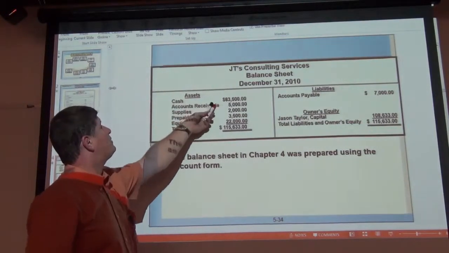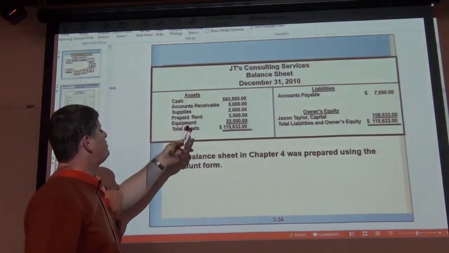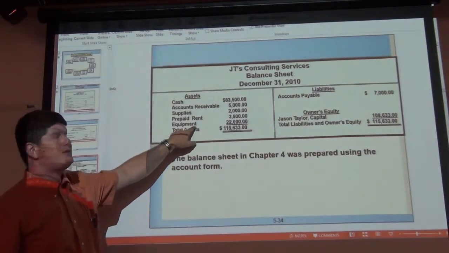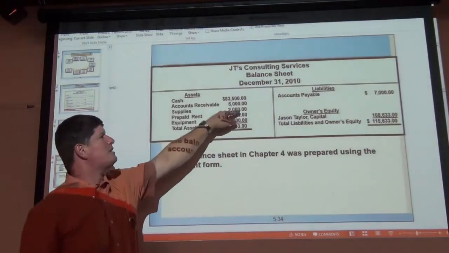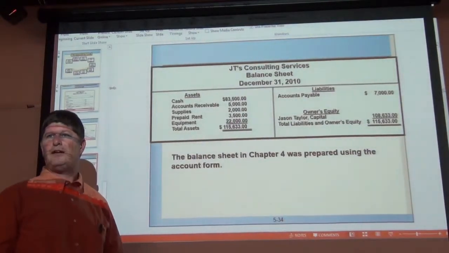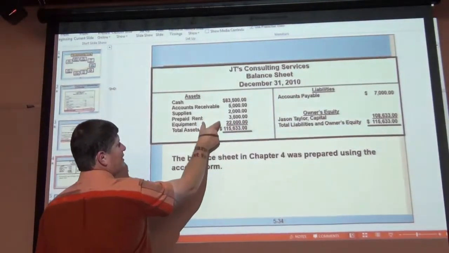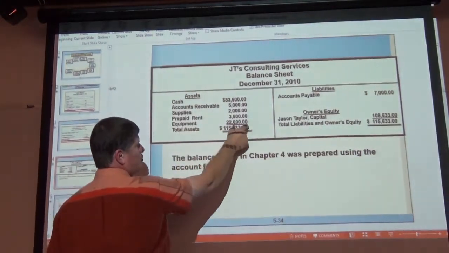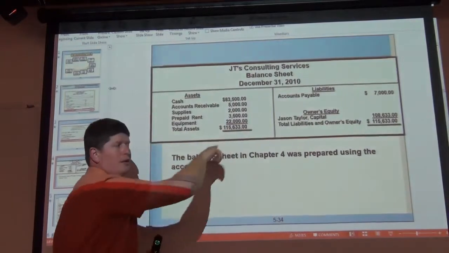So we list our accounts: cash, accounts receivable, supplies, prepaid rent, equipment. Underneath this, you would list less accumulated depreciation, 367, and you would subtract it, okay? I like to take it and indent it and do the little math here and show net equipment and show the total over here and then total straight down and get my number.